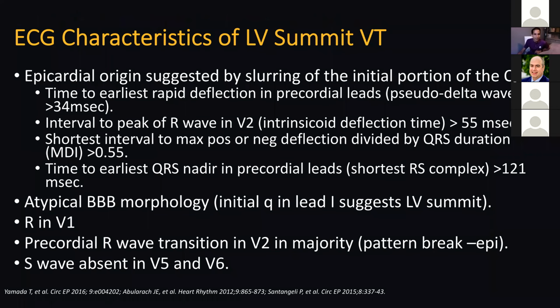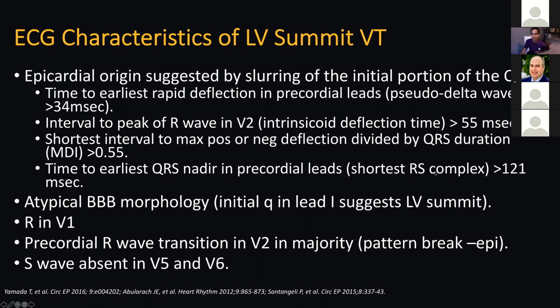So remember, it's an epicardial structure, and the epicardial origin is going to be suggested by the slurring of the initial portion of the QRS. That can be described with what's called a pseudo delta wave, which is greater than 34 milliseconds. You can see an intrinsicoid deflection time greater than 55 milliseconds. The maximum deflection index is more than 55% of the entire QRS duration.